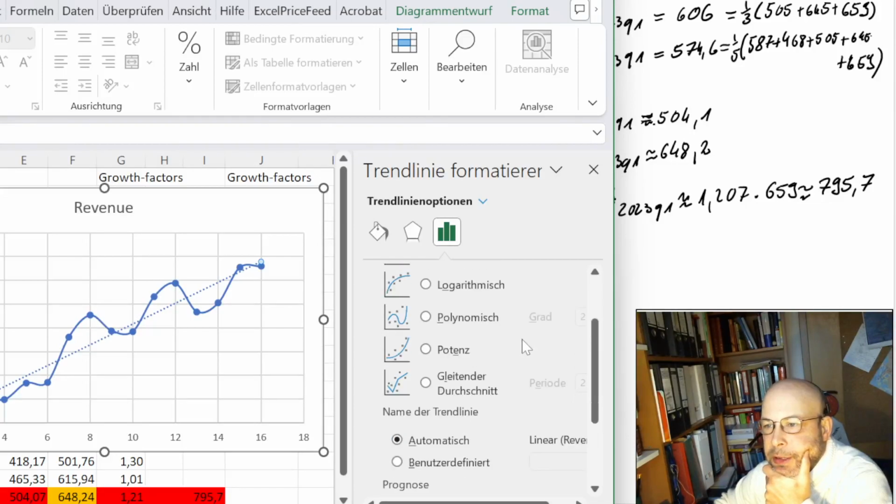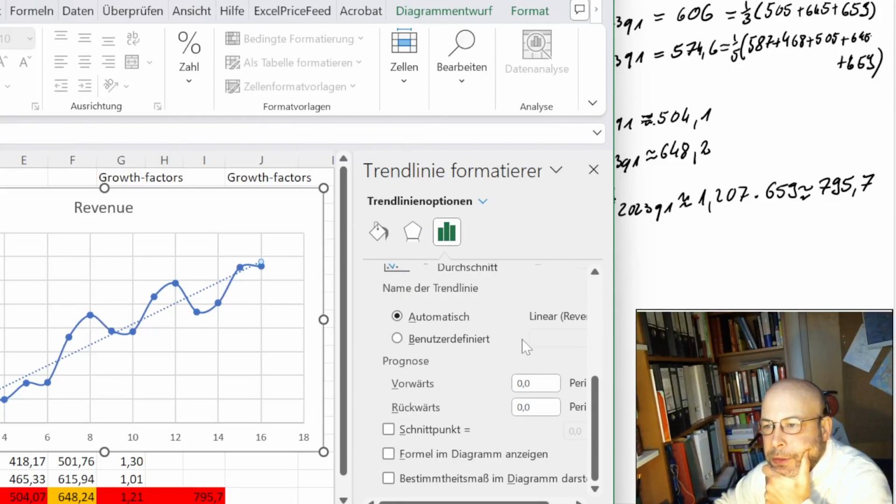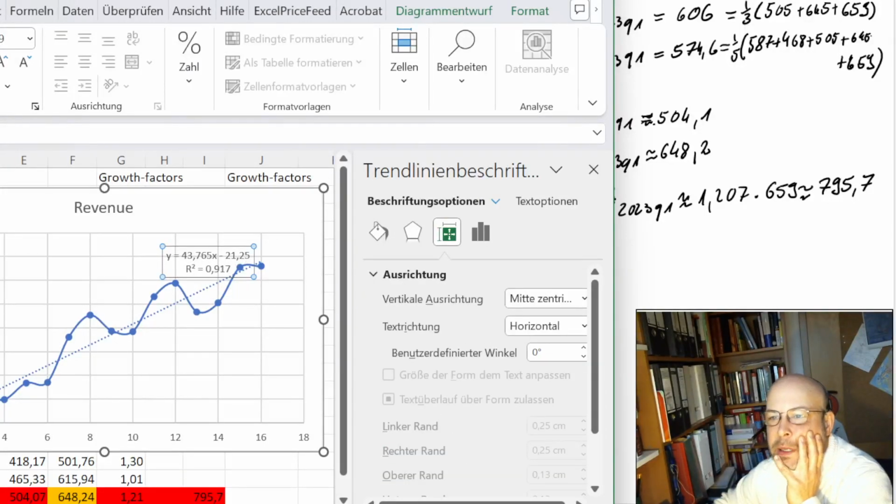For the linear regression, you can also choose that you want to see the estimated parameters for the regression and also the coefficient of determination.